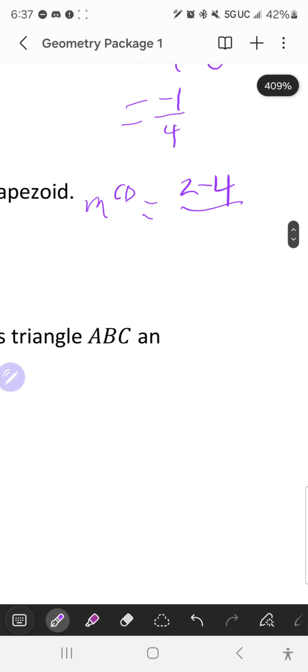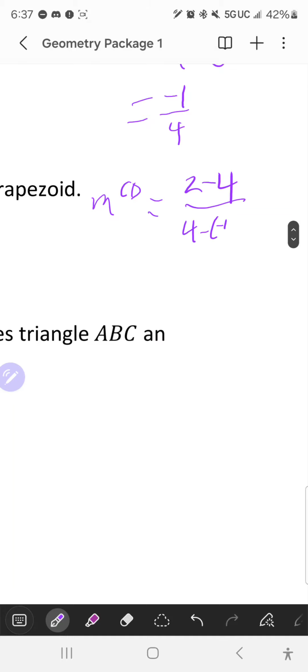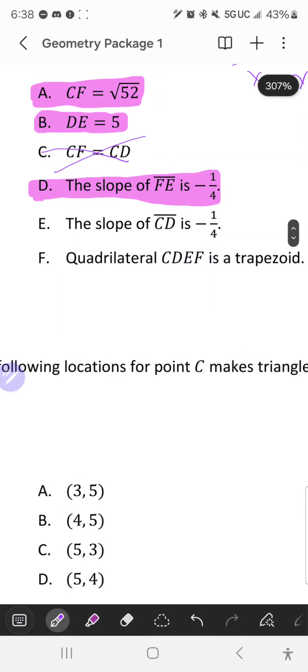So this is 4 minus 4. 2 minus 4, they have different signs, so it's 4 minus 2, which is 2, but since the 4 has a negative sign, our answer needs to be negative 2, and minus negative, so 4 plus 4 is 8. We can simplify this by dividing by 2. 2 divided by 2 is 1. 8 divided by 2 is 4. So this is going to be negative 1 over 4. So yes, this is also true.